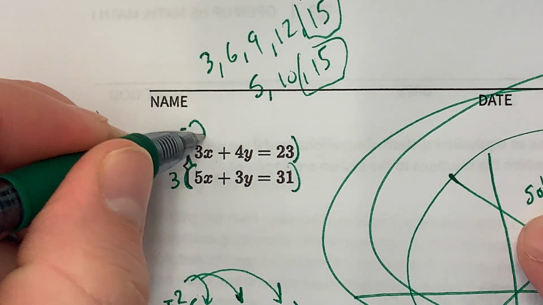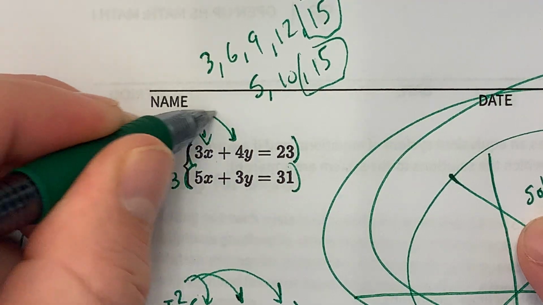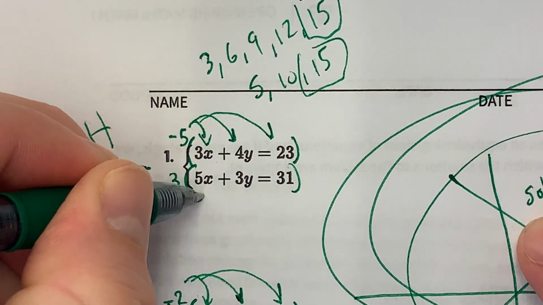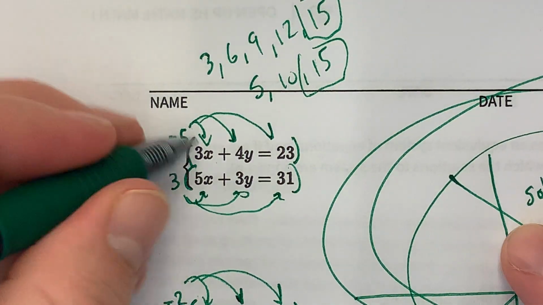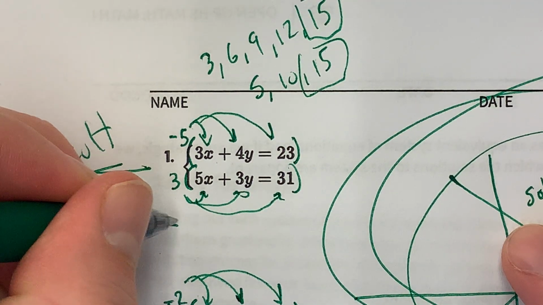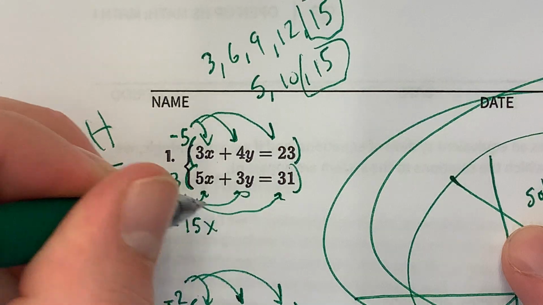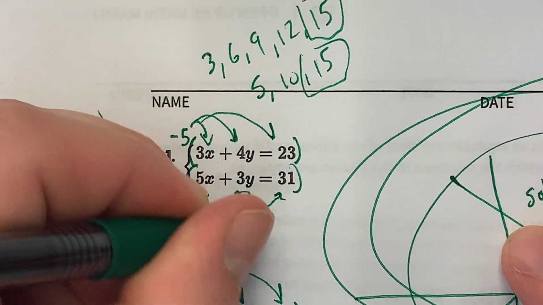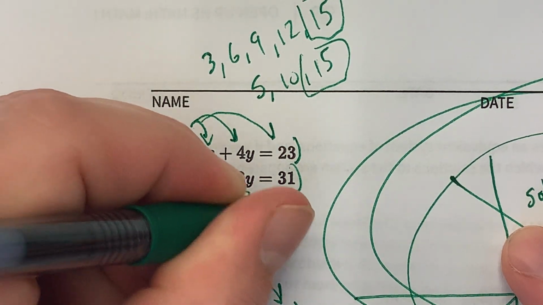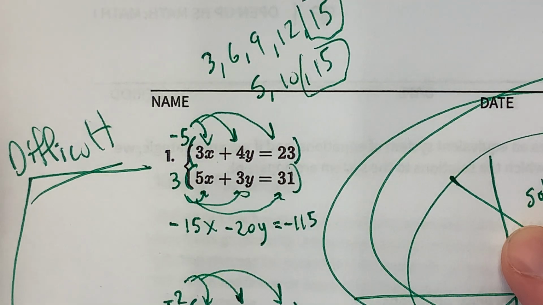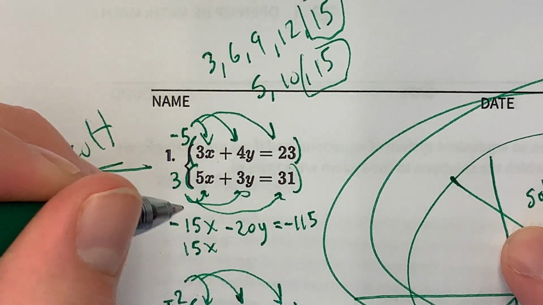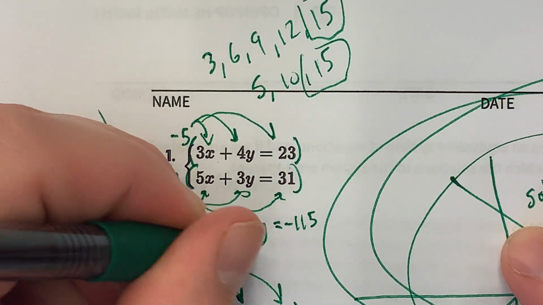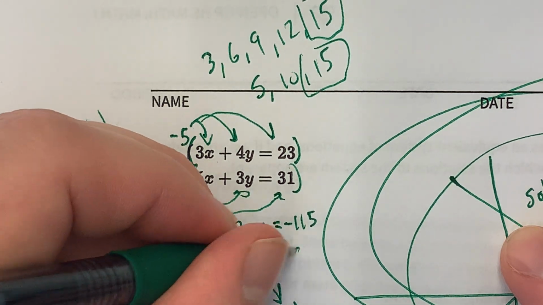That's going to be lots of multiplying, like lots. And I end up with, and I'll just speed through this here, negative 15x minus 20y equals negative 115. That's the top. The bottom now is 15x plus 9y equals 93.